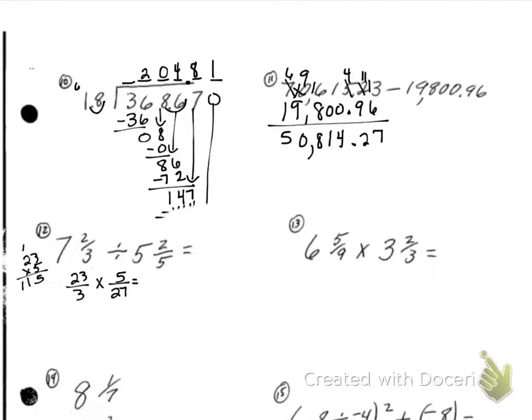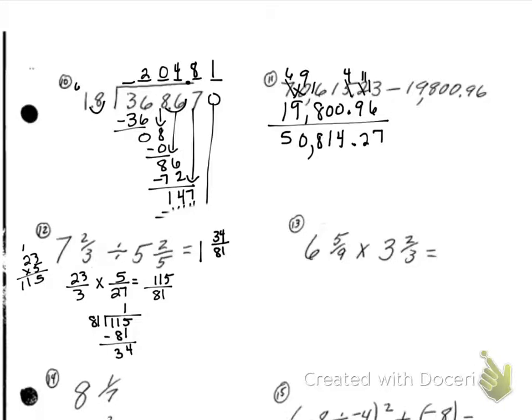That's 115. And then 27 times 3, I know that's 81. Then from there we need to convert, so 81 into 115 goes in one time, 81. So the answer here is 1 and 34 over 81.